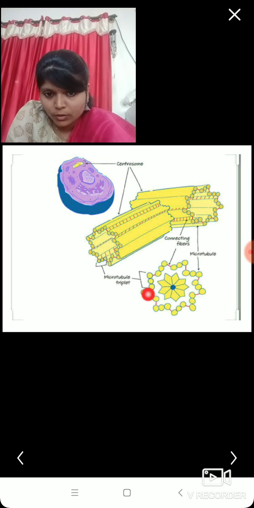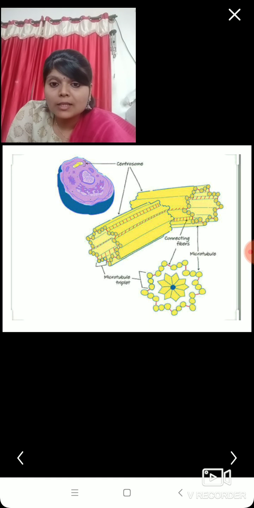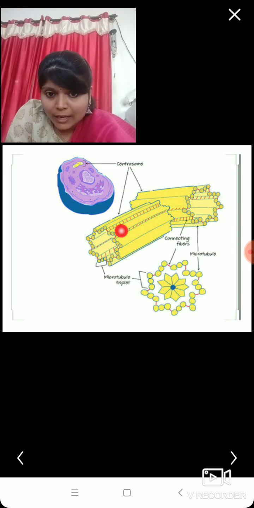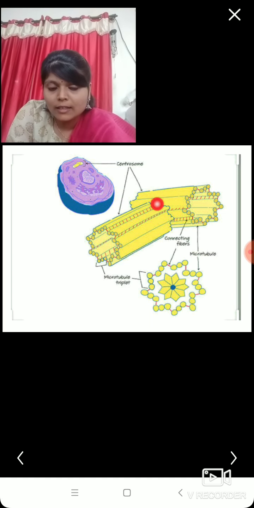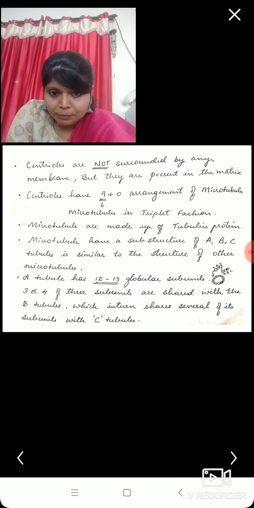If you count, 1, 2, 3, 4, 5, 6, 7, 8, 9. Okay, 9 triplets are arranged, each connected with a dense material, which can be seen here in the red transverse veins.